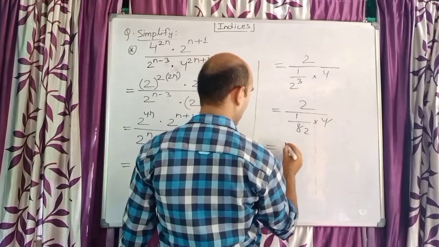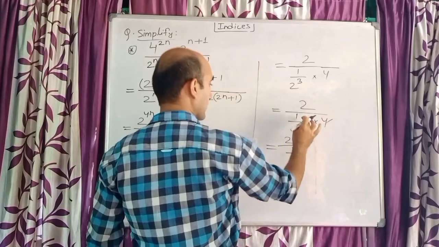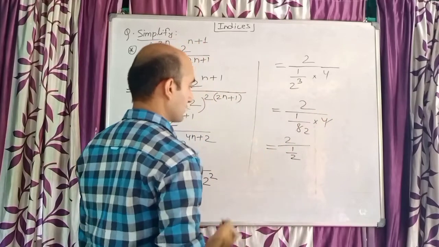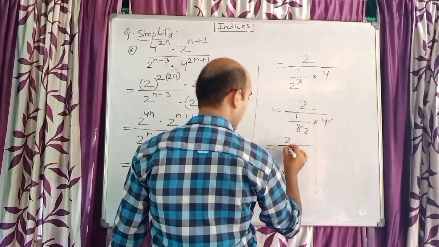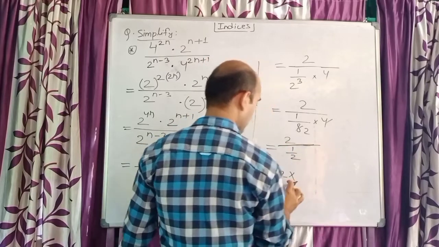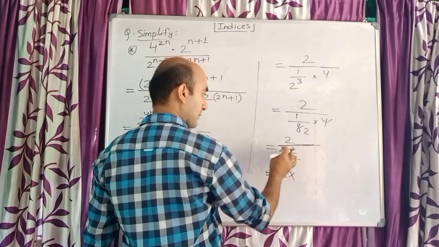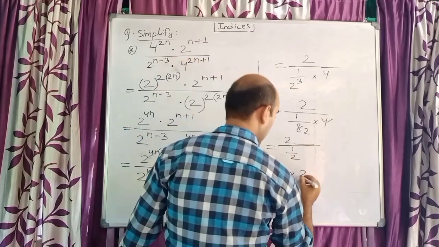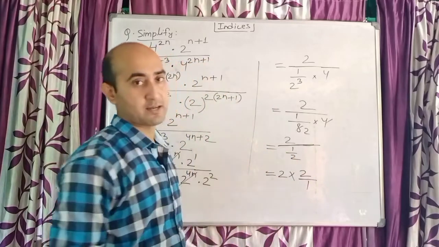So what do we have now here? We have 2 by 1 by 2 cube, and 4. So you can write 2 into, that means you are making this division into multiplication. When you make this division into multiplication, the lower part, numerator and denominator, will change. So 1 by 2 will become 2 by 1.